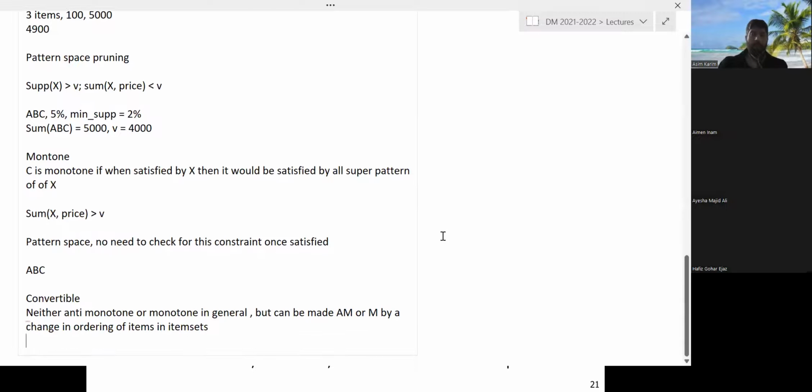Okay? So convertible constraints in general are not monotone or anti-monotone, but they can be made one of those.